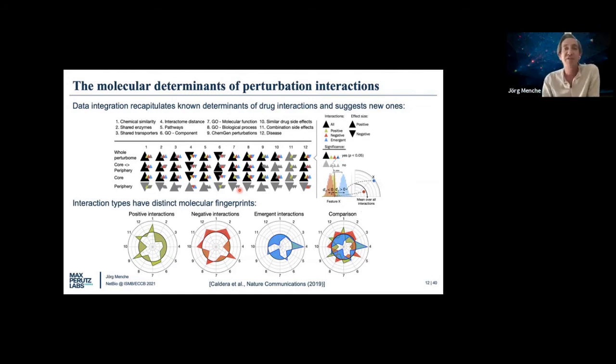But we also find a range of unexpected associations, which are summarized in this second key point, which is supposed to say that these different types of interactions, the positive ones, the negative ones, and these emergent ones, really have quite distinct molecular fingerprints, meaning that they have different patterns of enrichment across these different biological data that we are using, which suggests that they can be predicted from orthogonal data sets.